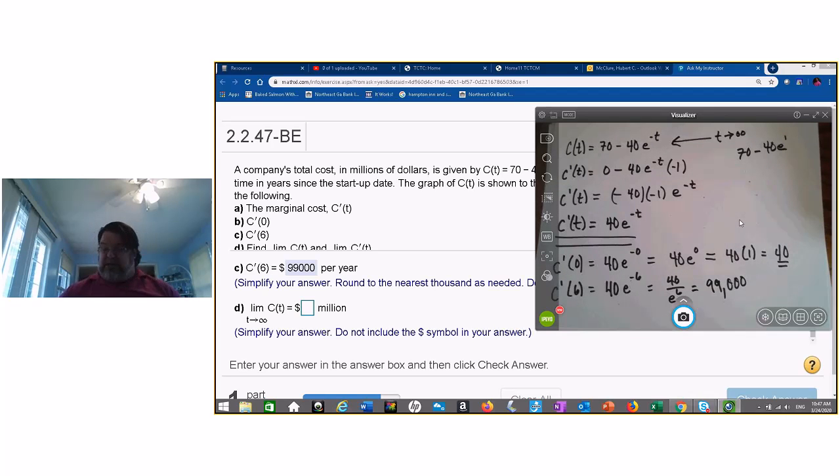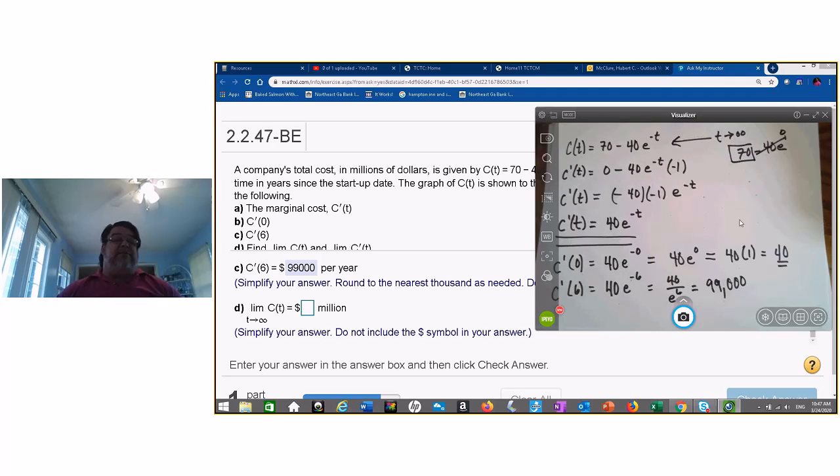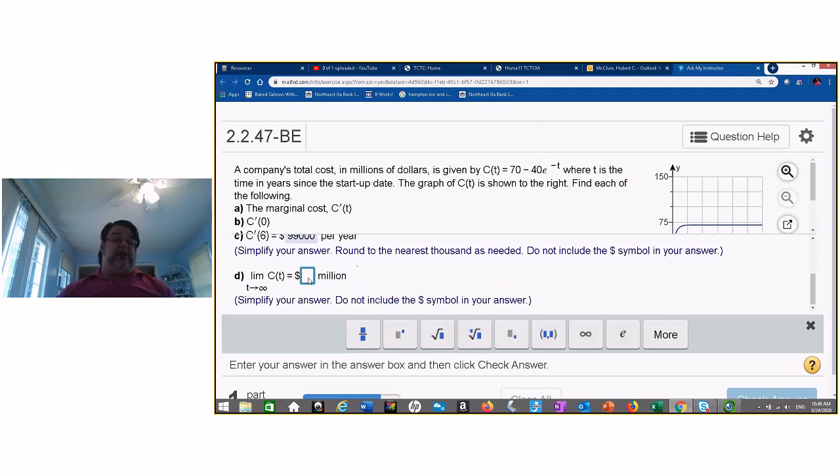And as the exponent increases, that goes to 0. So 70 is D. $70 is D.